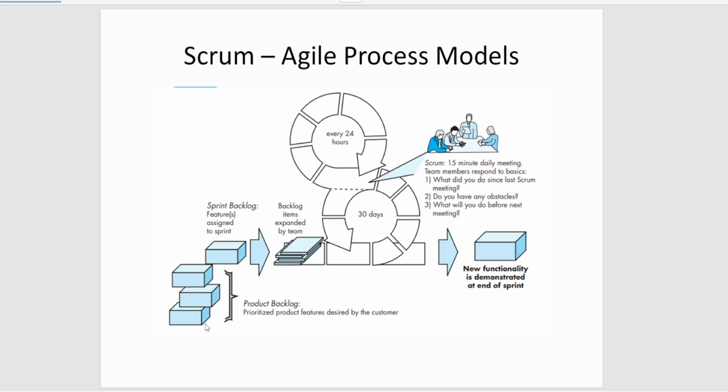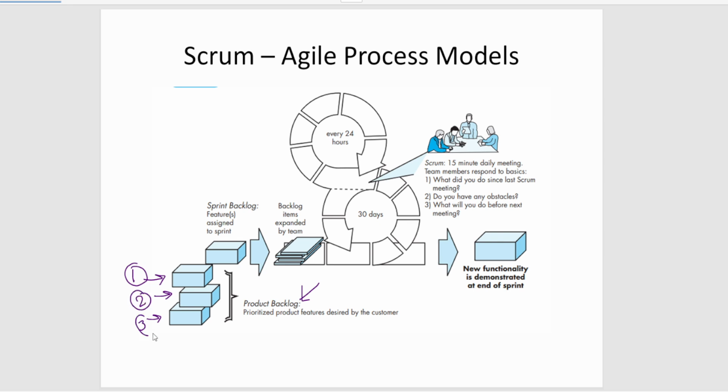We start with something called the product backlog here. The product backlog generally means the prioritized product features desired by the customer. The customer tells us that we want a certain set of features, and each feature might have different functionalities. So this is feature one, this is feature two, and this is feature three. What you do is prioritize them, by one, two, or three.